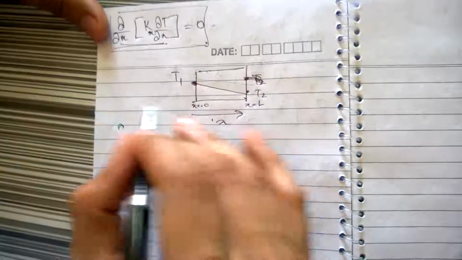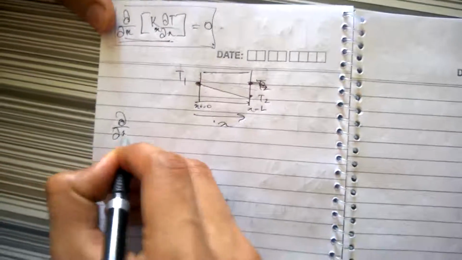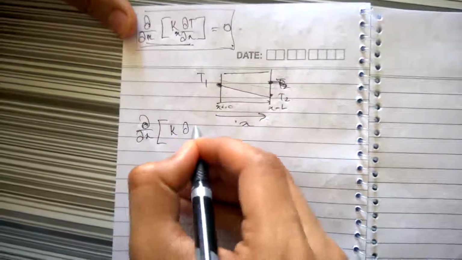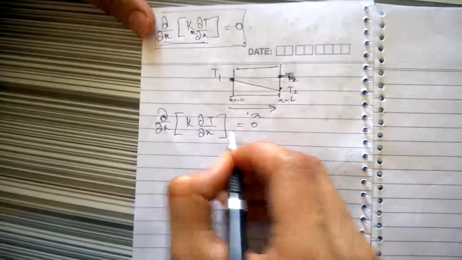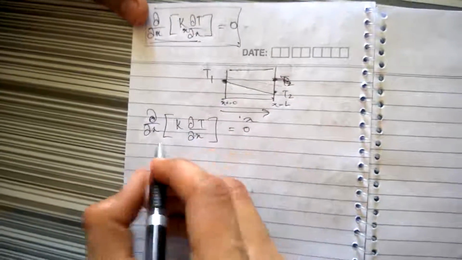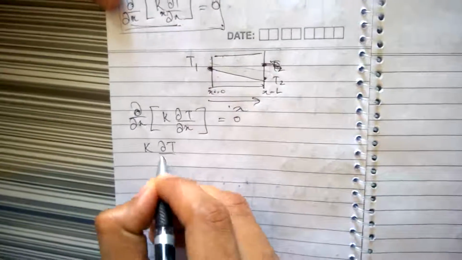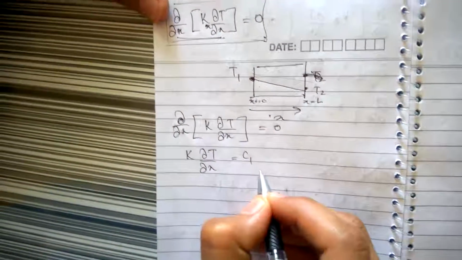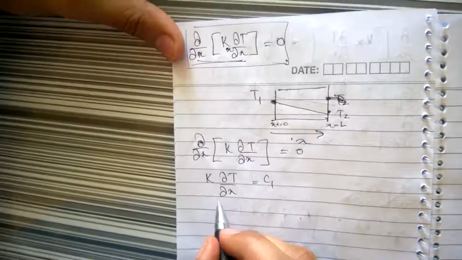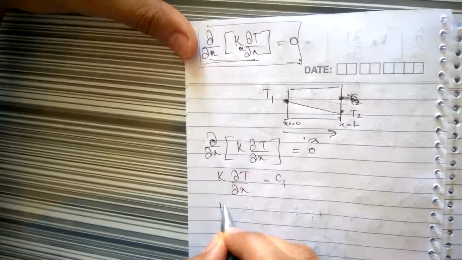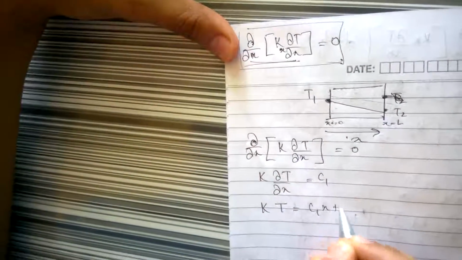Just to quickly illustrate how that is obtained: ∂/∂x into, let us say, k ∂T/∂x is equal to 0. Let us first integrate this once. If you integrate this once, you get k dT/dx equal to C1, right? Now if you integrate this again, you will get k T equal to C1 x plus C2.